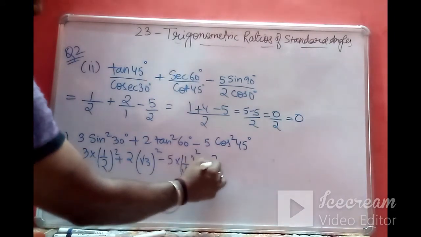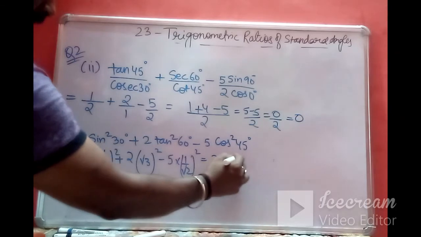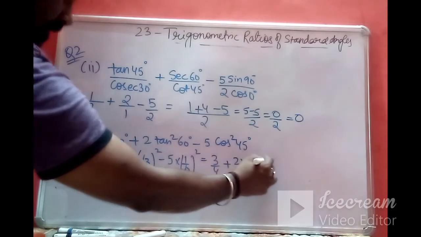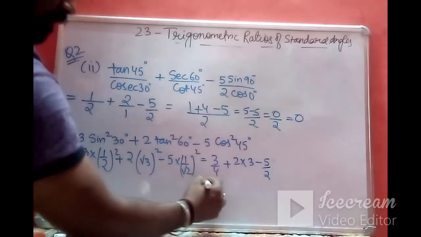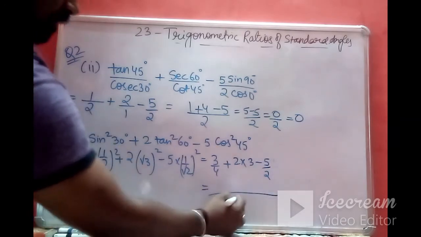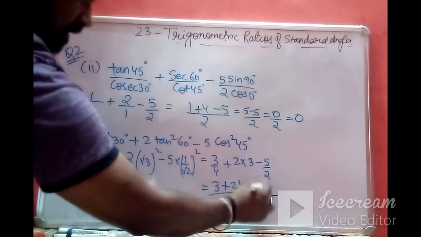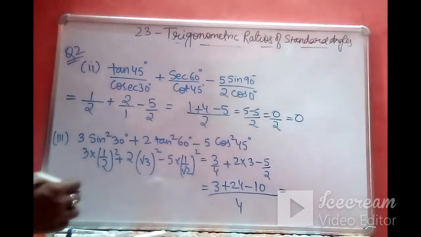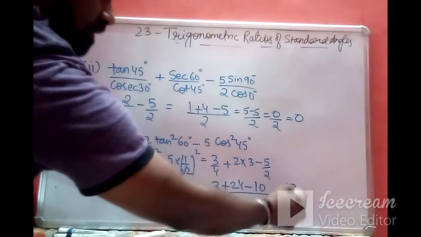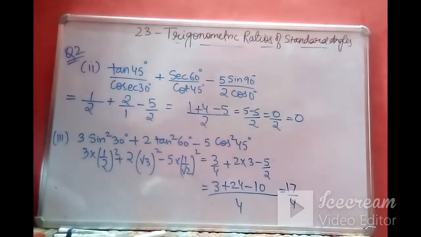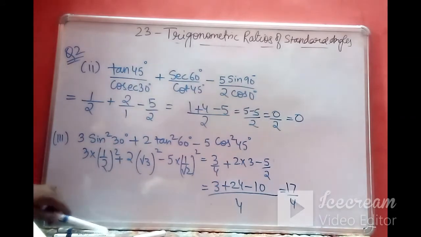So when we solve, it is 3 upon 4 plus 2 into 3 minus 5 upon 2. Then we take the LCM. 4 is the LCM, that is 3 plus 24 minus 10, that is 17 upon 4. Okay, so in this way you can solve the problems related to the trigonometric ratios of standard angles.